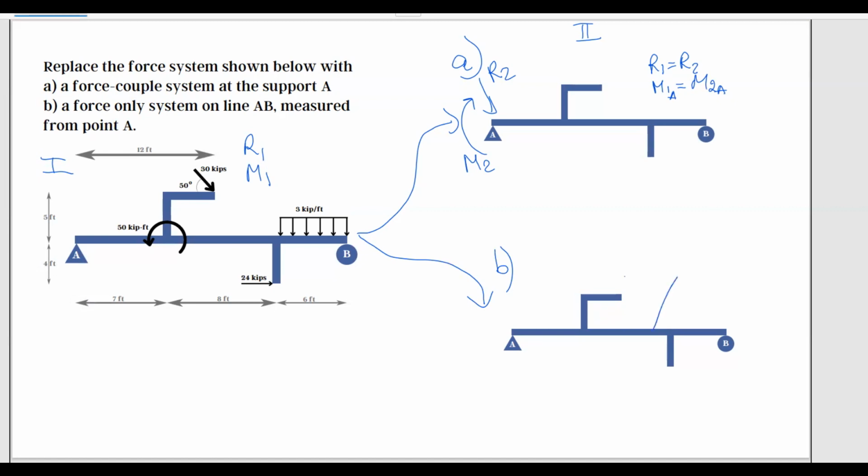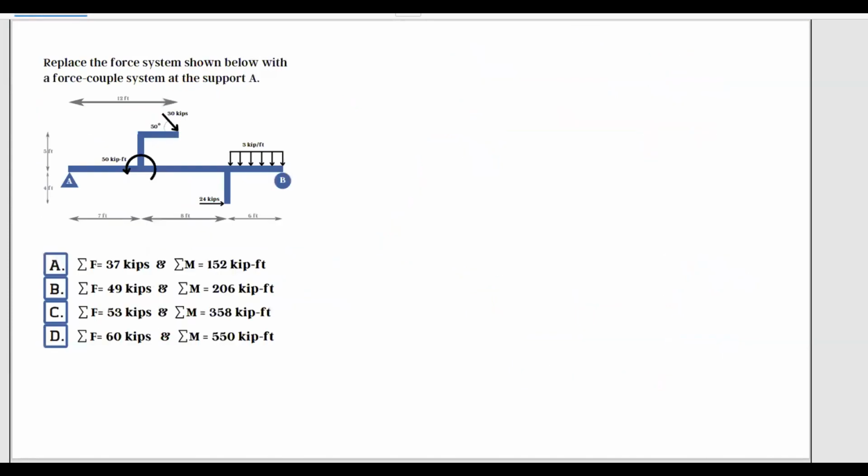Let me say, I'll place it here, such that, so we're going to have to find this distance as well, such that the resultant force in system number three equals the resultant force in system number one, and the moment about point A in system number three equals the moment about point A in system number one. Maybe it seems a little bit complicated, but I'm assuring you it's not. So let's go ahead and start with A.